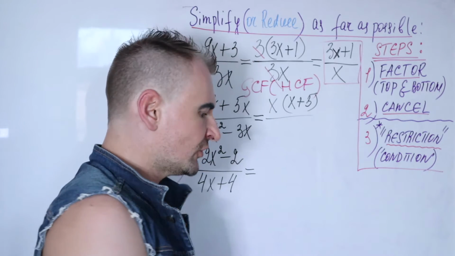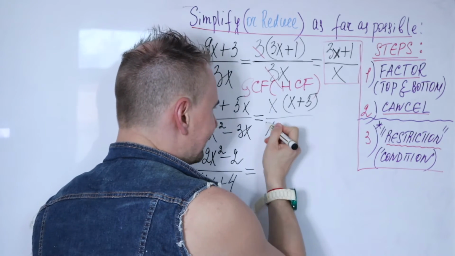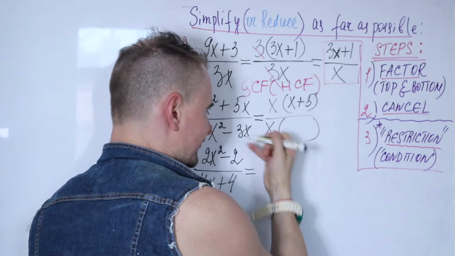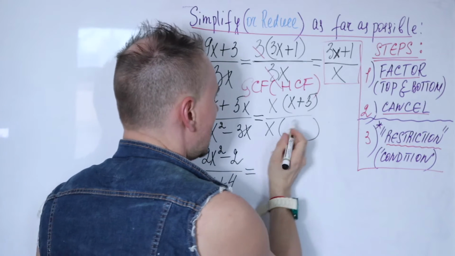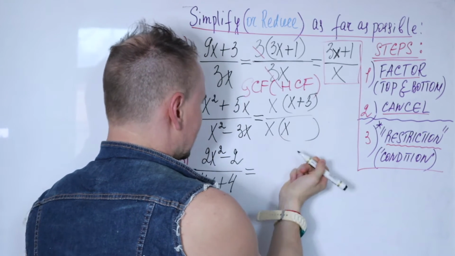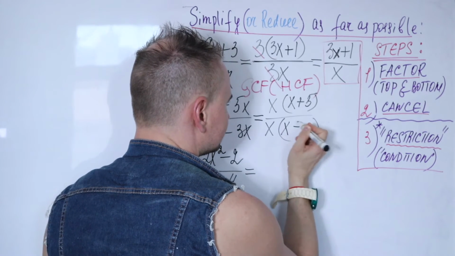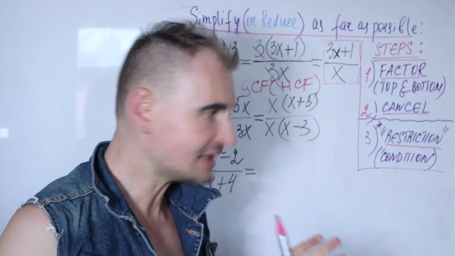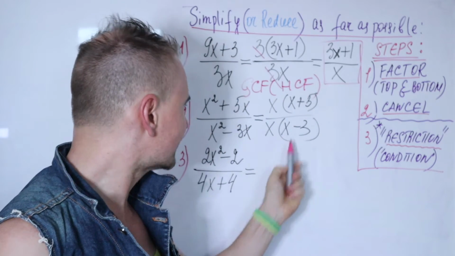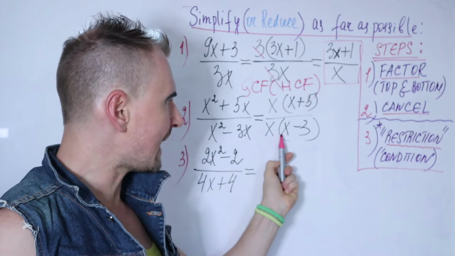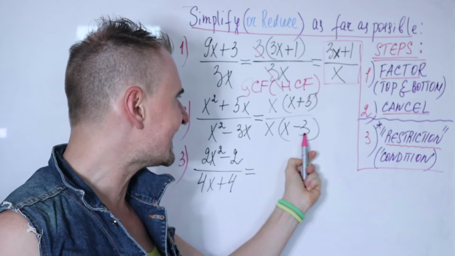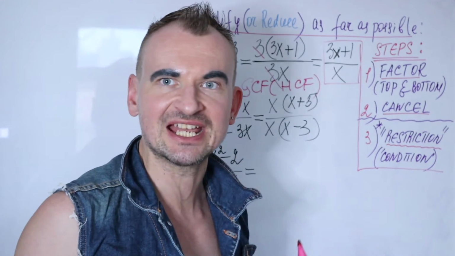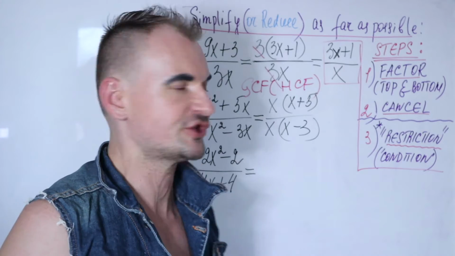Take it out and place it outside of your parentheses. What goes inside? x is left over, minus 3. Again, x times x gives you x squared back, and x times negative 3 gives you negative 3x. Fine at this stage.